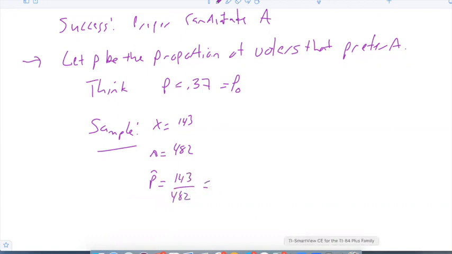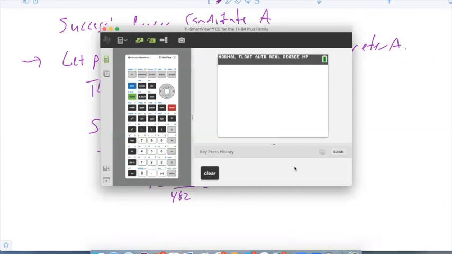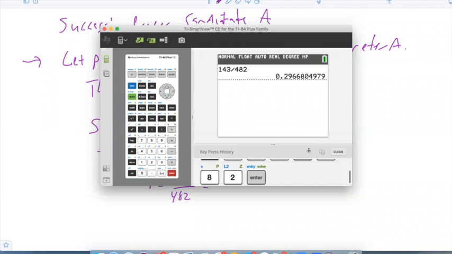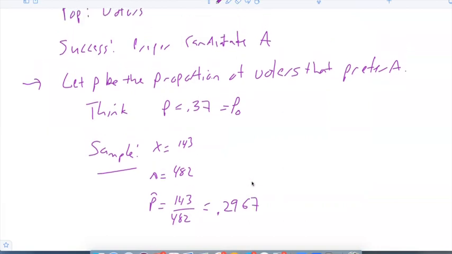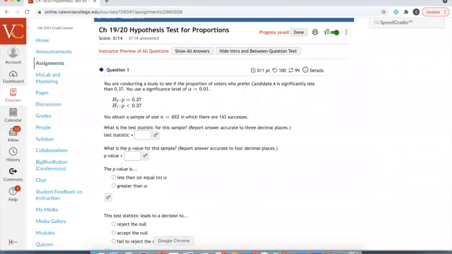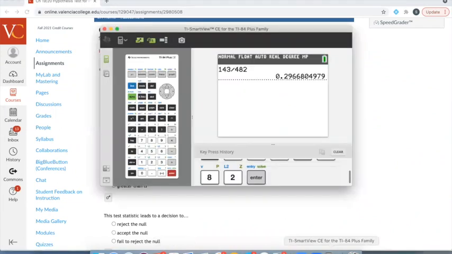So let's get out our trusty calculator here. 143 out of, I think it was 482. Let's call that 0.2967. I'm going to round to several places here. 143 divided by 482. Did I type that right?